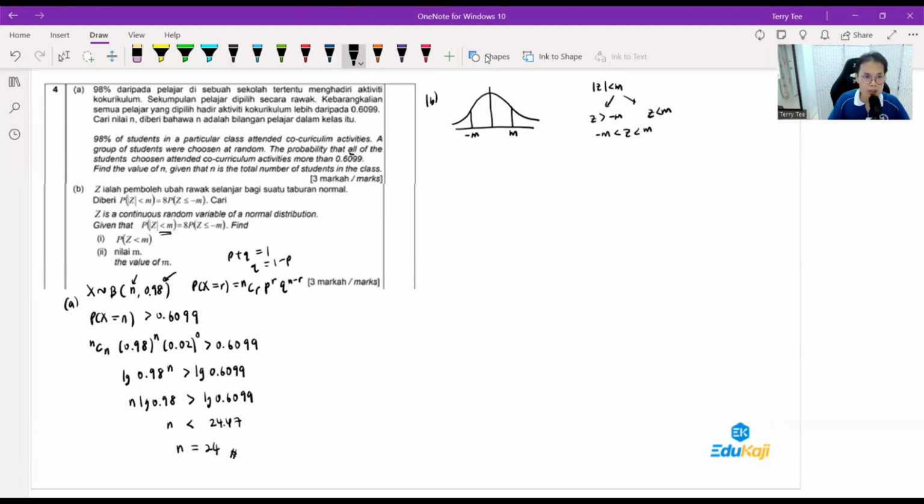So when they say the probability of modulus Z less than M, we are referring to this part.